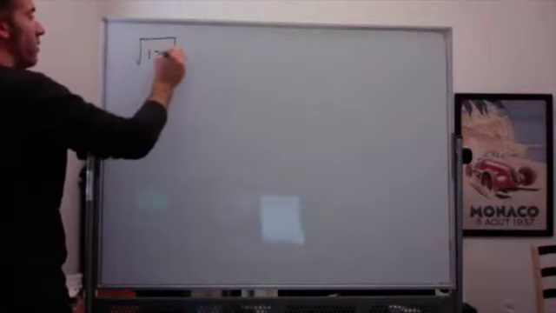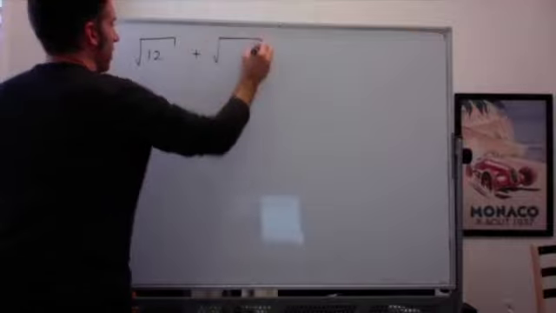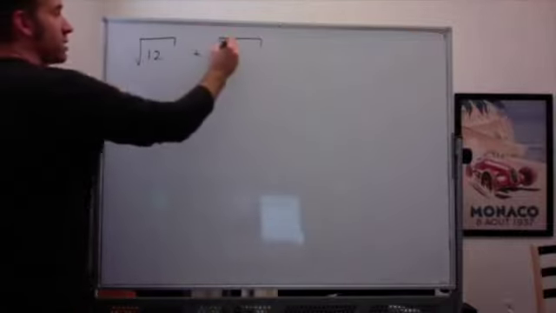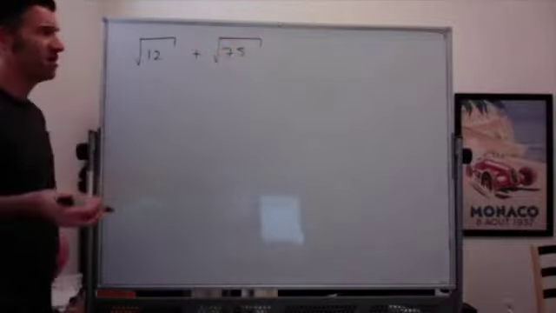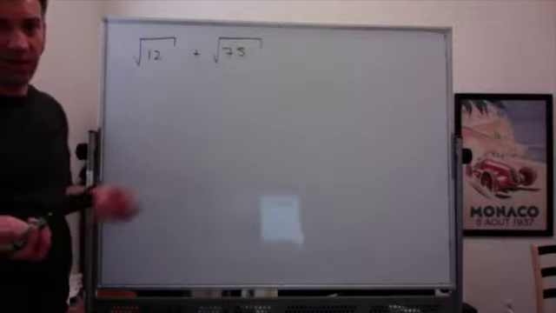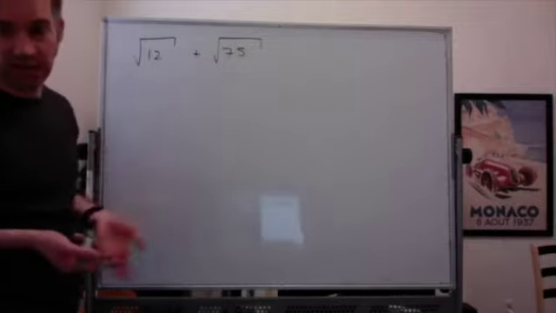If I was trying to add, say, the square root of 12 plus the square root of 75. We can't just put those together, right? This is not equal to the square root of 87.